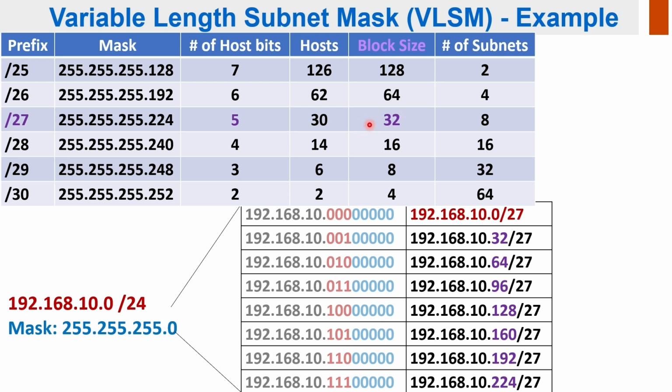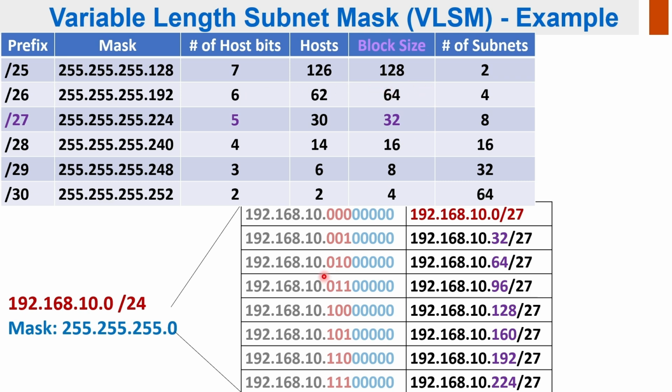When the block size is 32, all the subnetworks increase by 32. So the subnet increases by the block size. If it is 4 bits, then the block size is 16. If the number of host bits is 6, then the block size is 64.